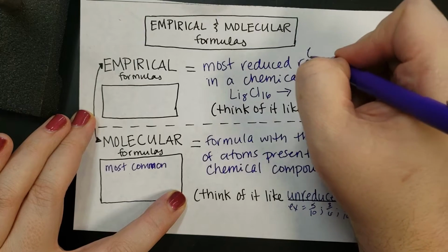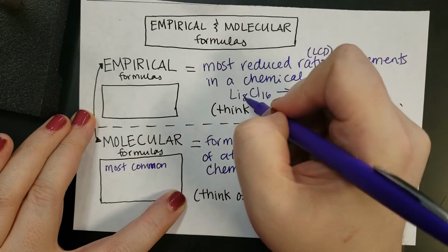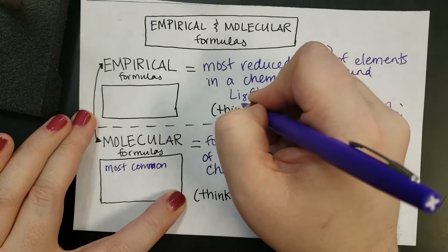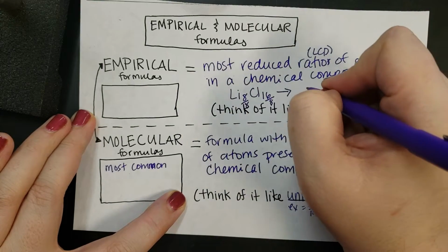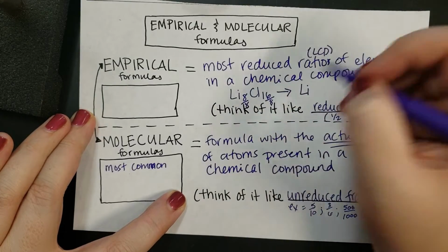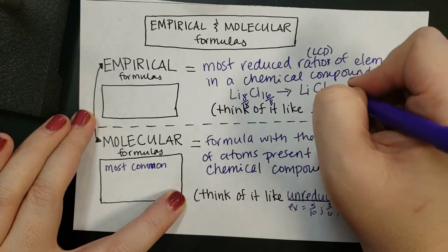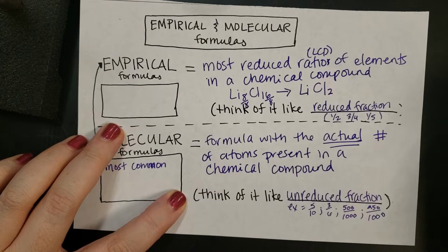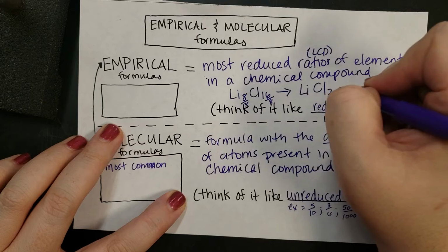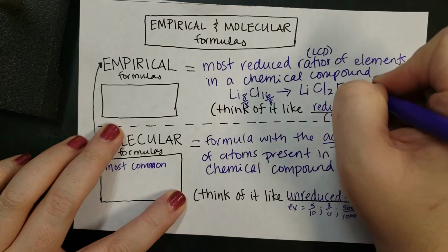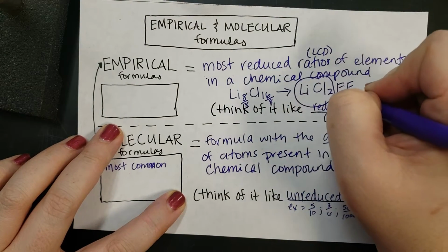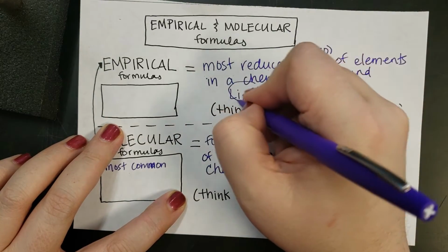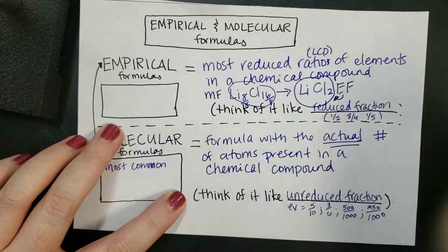We can divide 16 by 8 and 8 by 8. That makes 1 lithium and then you would have 2 chlorine atoms. This would be the empirical formula, because it's the reduced fraction. This one would be the molecular formula.